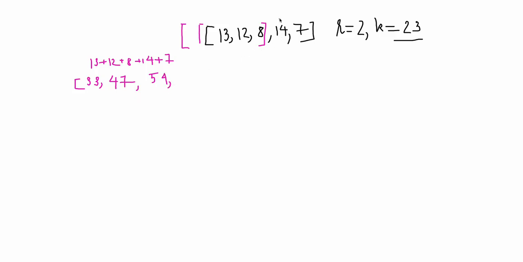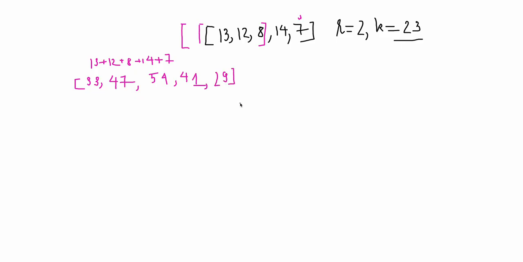Next we will be here, and so we exclude the 13, right? So this one will be minus 13, and that would be 41. And when we move here and exclude the 12, this one is minus 12, and that would be 29, right?